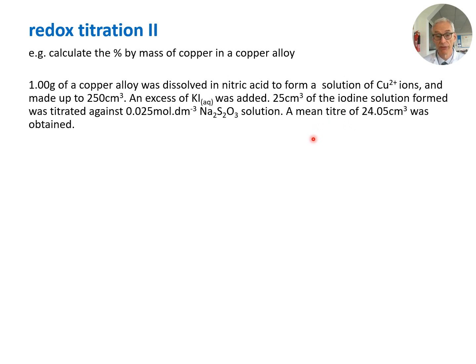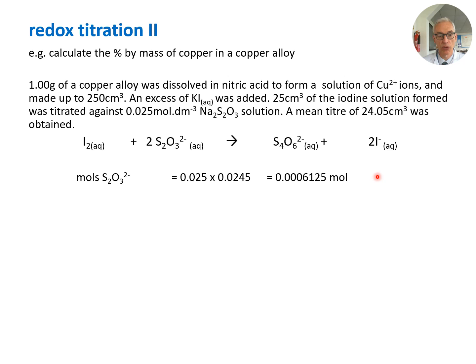Okay, I'm going to reveal. I'm going to start with an equation, starting with the reaction between thiosulfate and iodine to quantify the moles of iodine in 25 centimeters cubed of the solution. So I calculate the moles of thiosulfate, concentration times volume. I use the reacting ratio, 2 moles of thiosulfate to 1 mole of iodine.